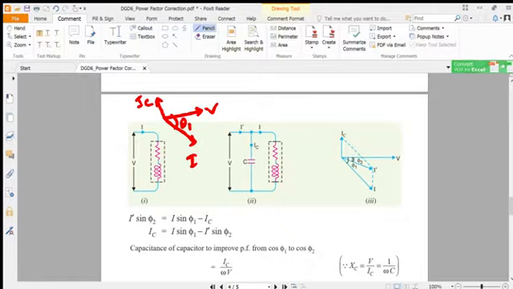So now what will be I prime? I prime is the resultant of I and IC because the current divides here and here. The resultant will lie in between these two, I and IC.